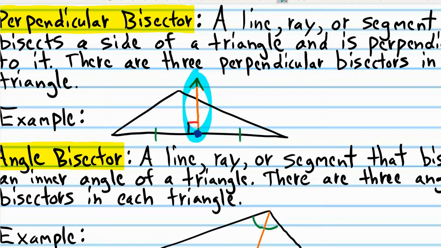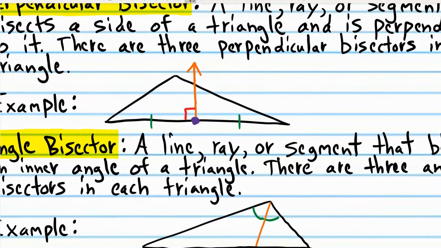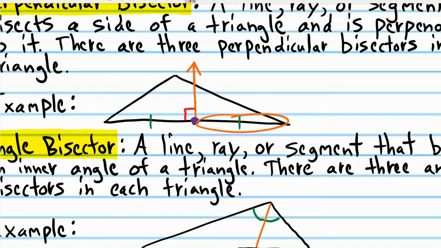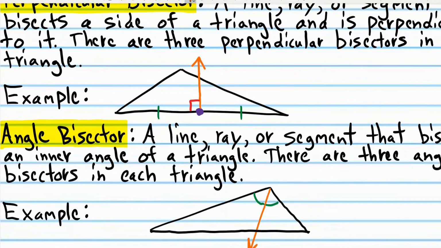In this example, you see we have a perpendicular bisector, and this side would have a perpendicular bisector, and this side would also have a perpendicular bisector. So again, there are three perpendicular bisectors for each triangle because there's three sides of a triangle. And again, this is a bisector because this length is equal to this length. And we have a 90-degree angle, so that's why it's perpendicular.